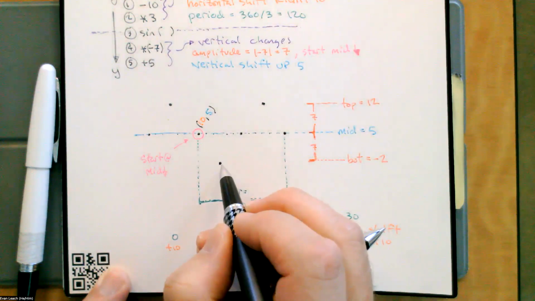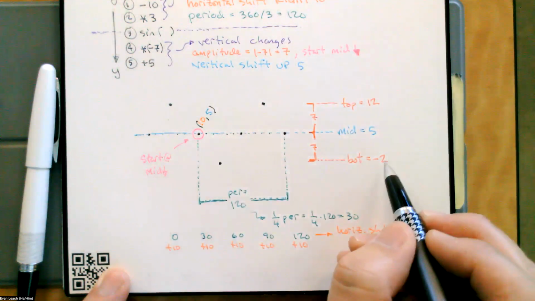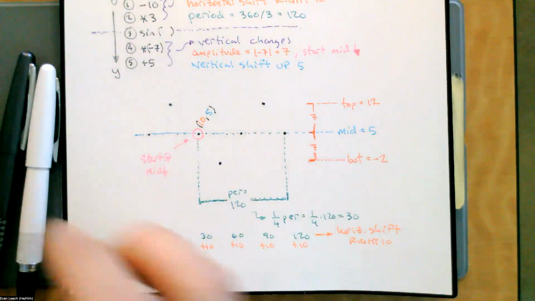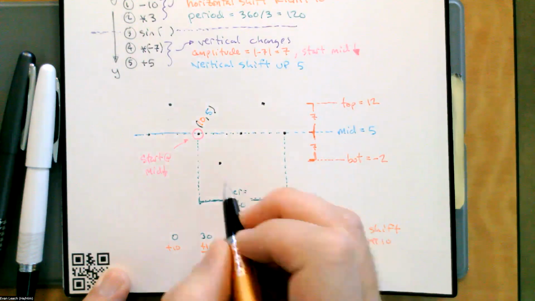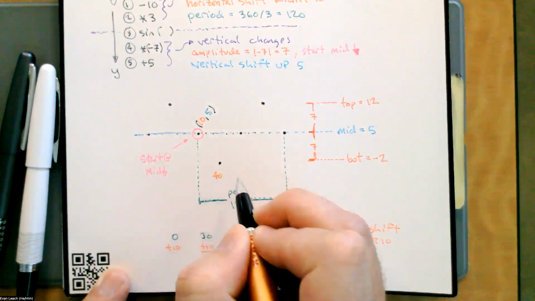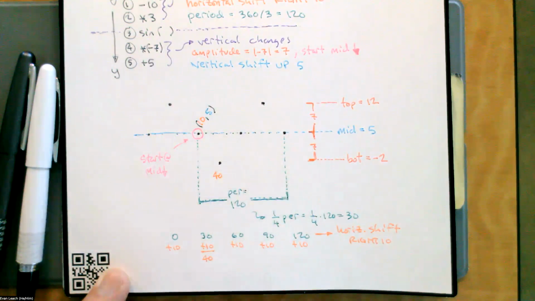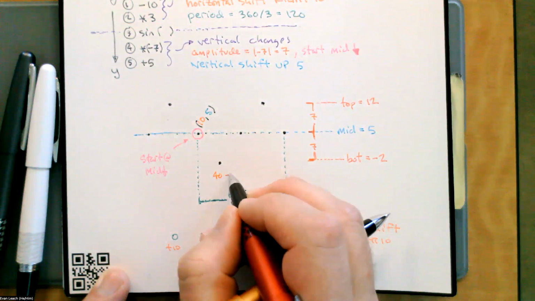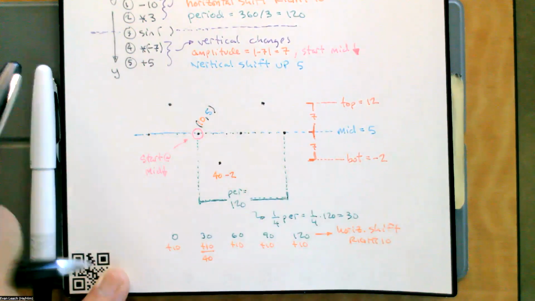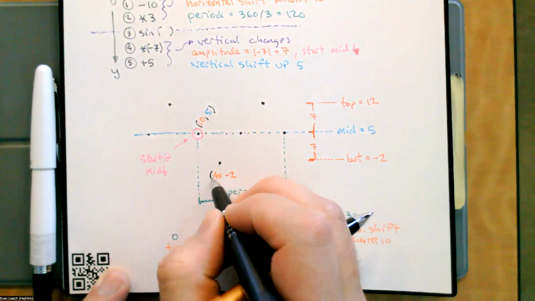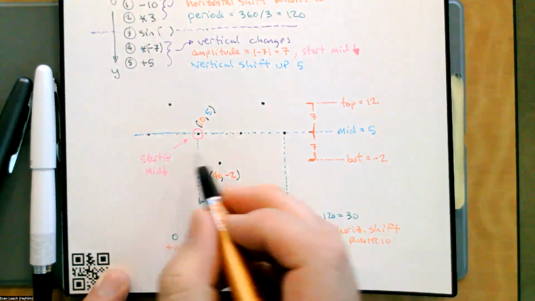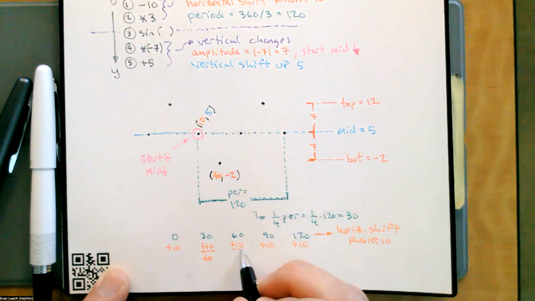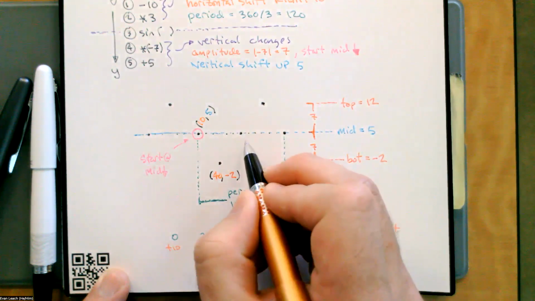Instead of this point at the bottom being at 30, -2, this point is going to be at 40, -2. Instead of this point in the middle being at 60, 5, it's going to be at 70, 5.